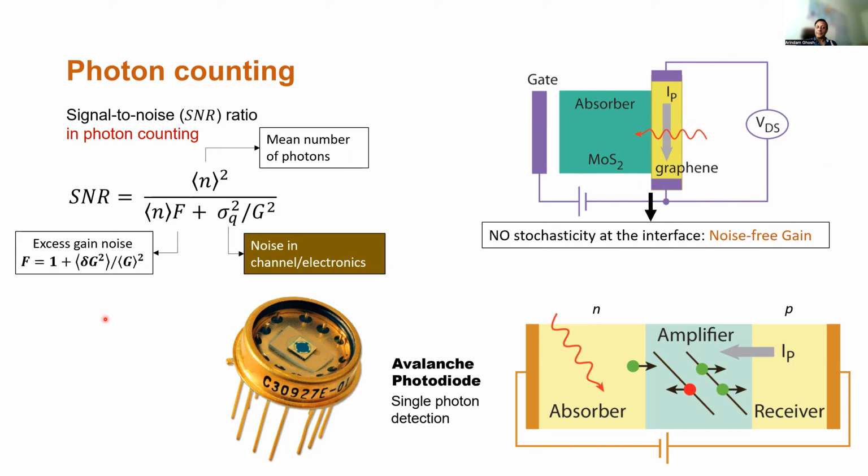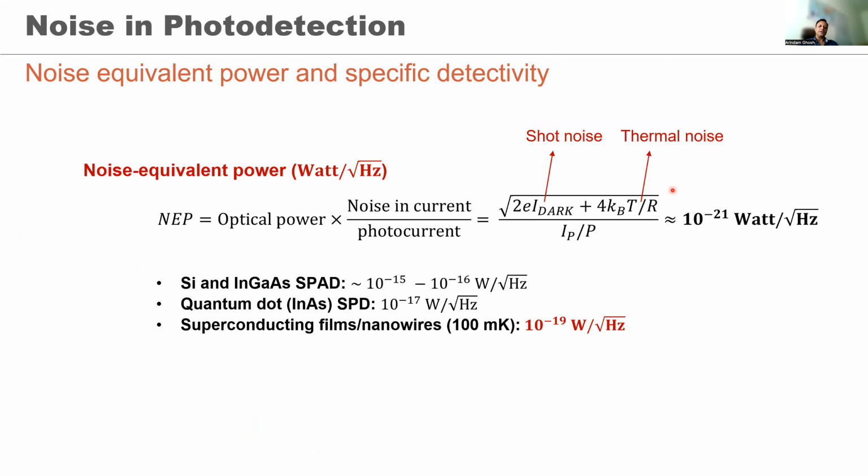The noise that actually determines the performance of these photon counters is the second term, which is the sigma Q term, which is the noise in the channel, the graphene channel, simply because the graphene channel is sensitive to local electrostatic potential fluctuations, disorder and so on and so forth. So one of our major directions has been to understand how this leads to the performance in photon counting.